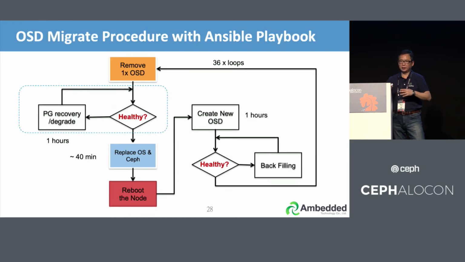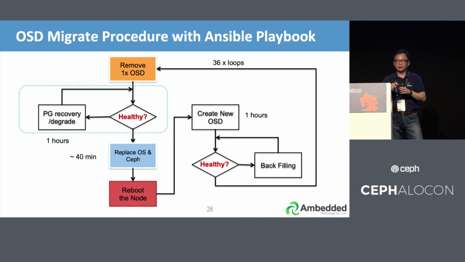And this is the flowchart to show the loop. We use an Ansible playbook to help us do the whole migration. The flow is that first we remove one OSD from the cluster.